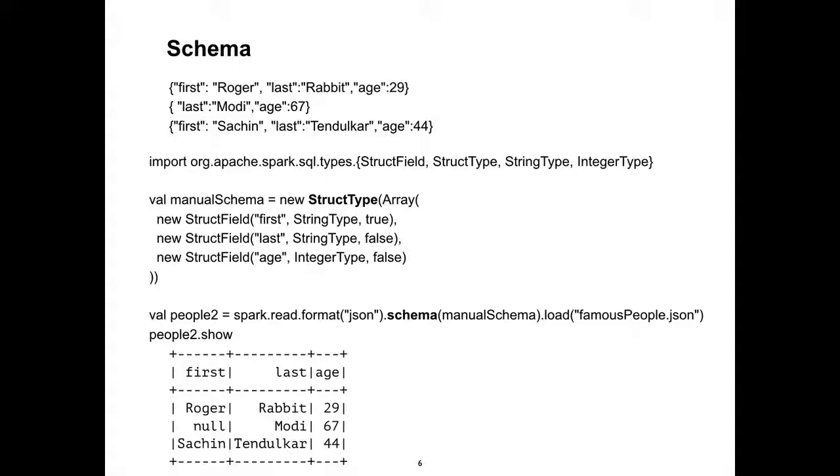So here I import the fields, types, and string types, and then I can create a new struct type and build in all the values I want, various data types. And then when I read in that file, I can specify that's the schema to use. Right, so I'm specifying first and last are string types, and age is integer type.